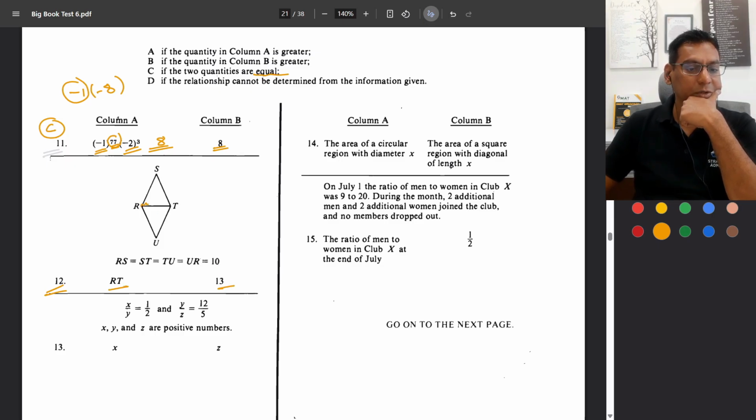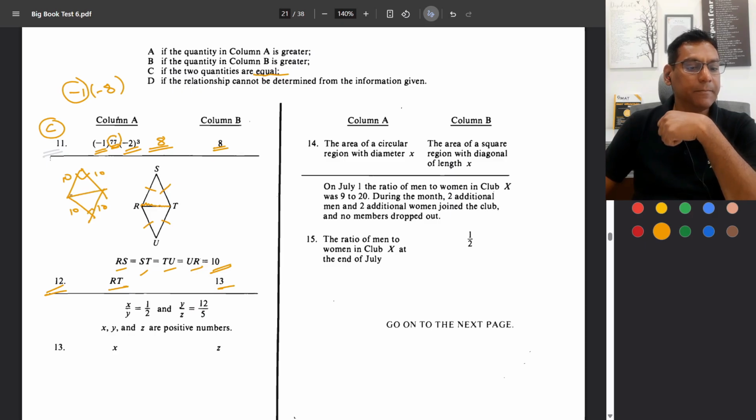Question 12, RT to be compared with 13. RS is equal to ST is equal to TU is equal to UR, all the same as 10. So it's a rhombus with side 10, but I don't know the angles. It is possible that this angle is, let's say, 90 degrees.